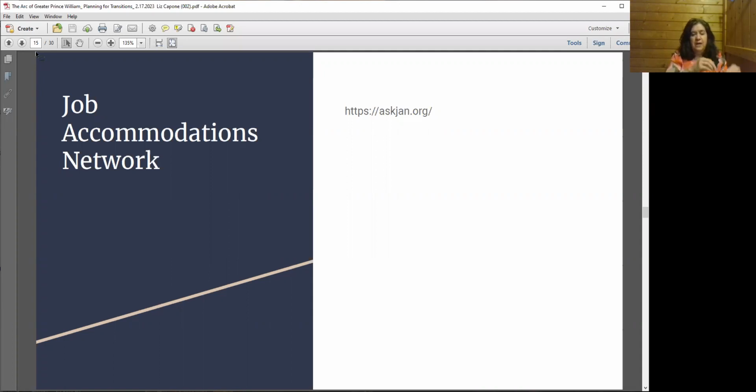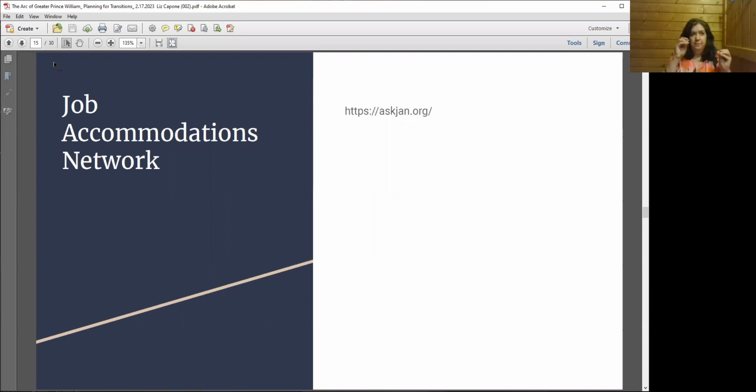So the Jan staff will say, okay, with this accommodation, maybe you need a break every 2 hours. Somebody needs to elevate their feet. Maybe they need a water break. Maybe they have attention deficit hyperactivity disorder and they need to go take a walk and be out of a distracting environment. Whatever.